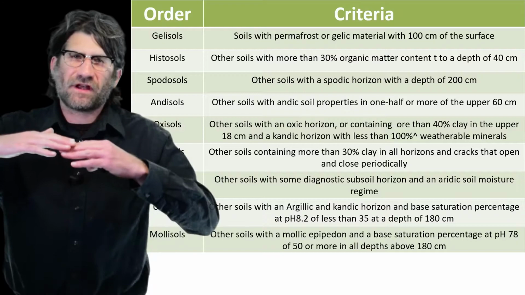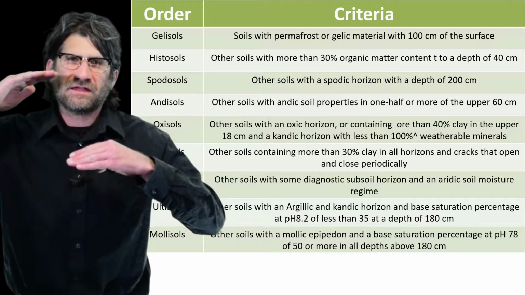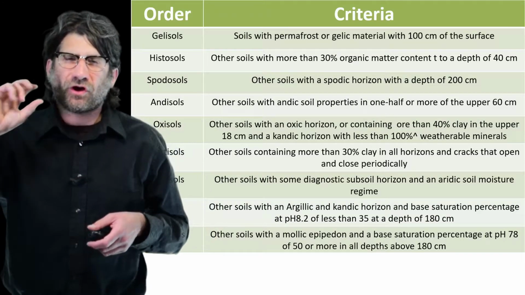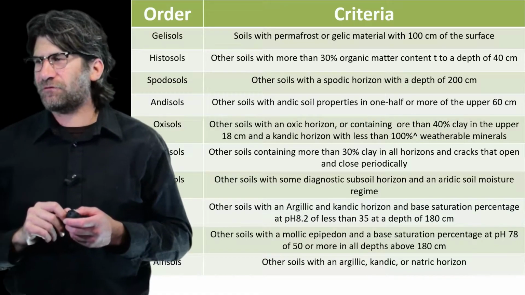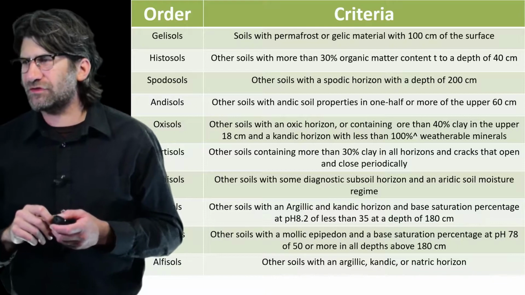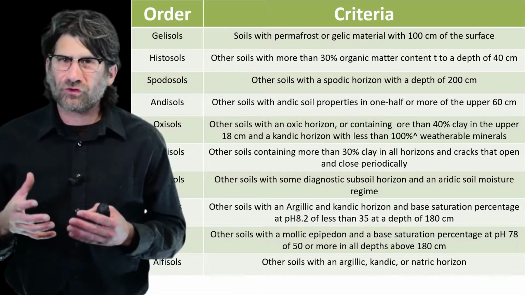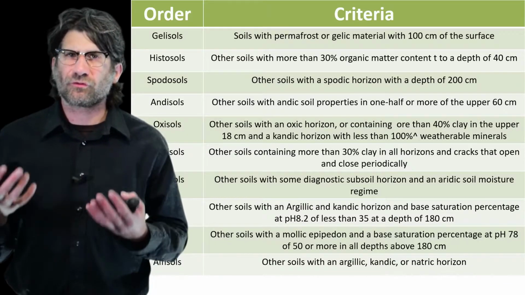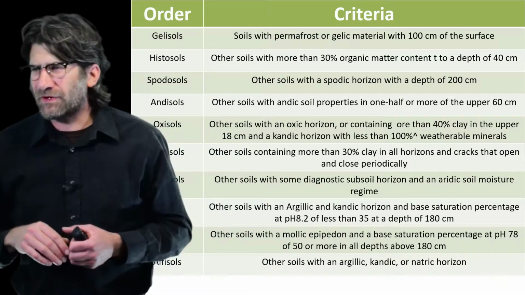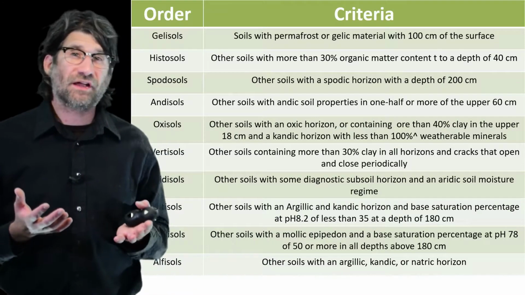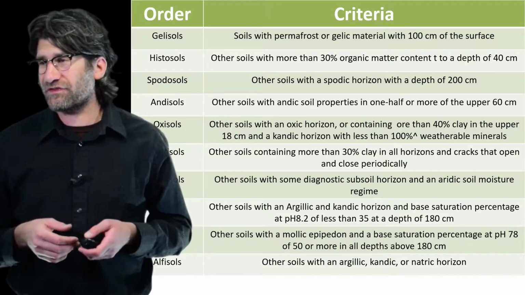Let's just say for now that what we're talking about here is a big, thick, dark A horizon associated with mollisols. And our alfisols are going to be other soils like these that don't necessarily have the degree of development of any of the other properties here, but they do at least have an argillic horizon or something like that, so some sort of horizonation.